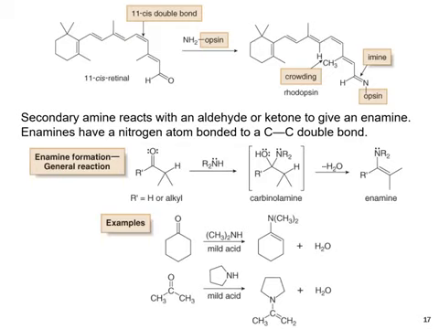The enamine is extensively used in organic synthesis. It may be used for protection, or for other purposes, but it is very extensively used in organic chemistry.